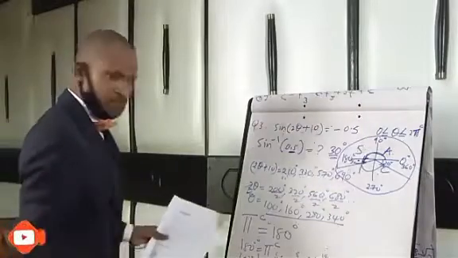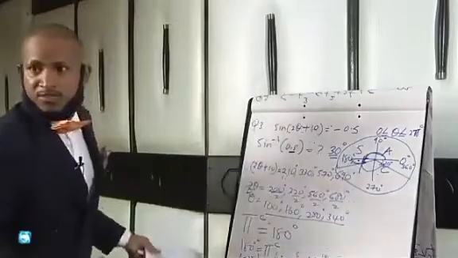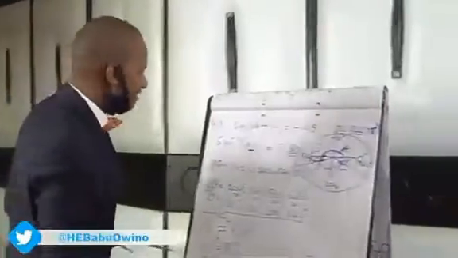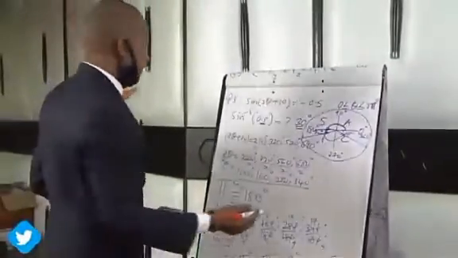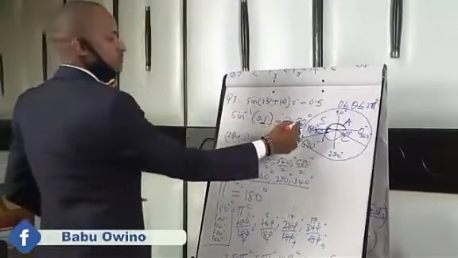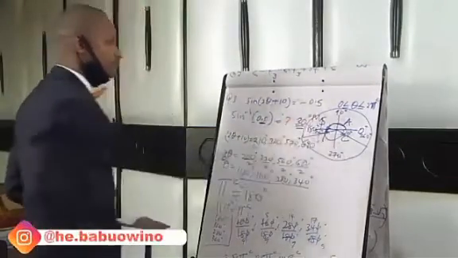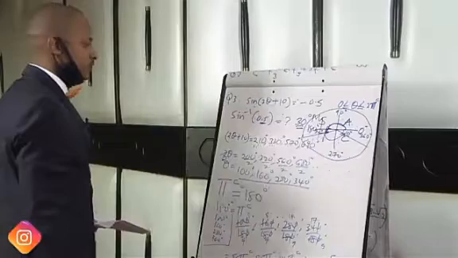We can proceed to the next question. If I were to mark this, assuming that I'm an examiner, my first mark I would give you for identifying that angle as method 1.